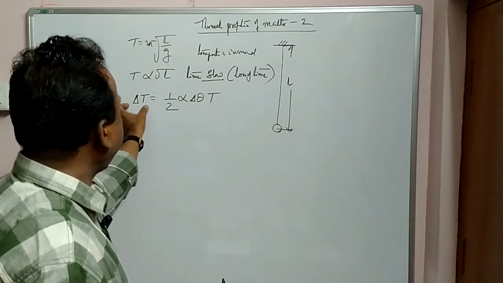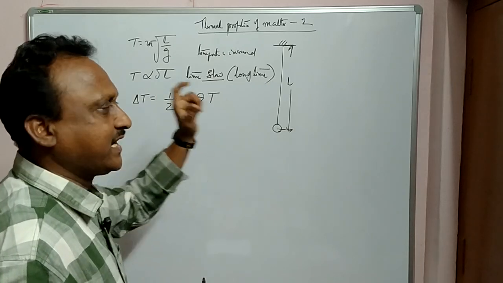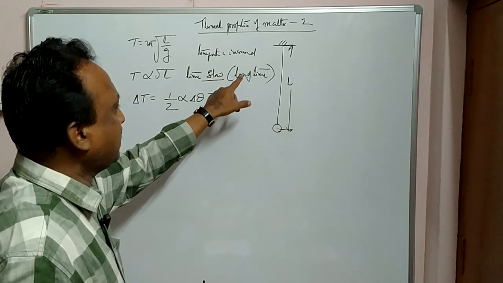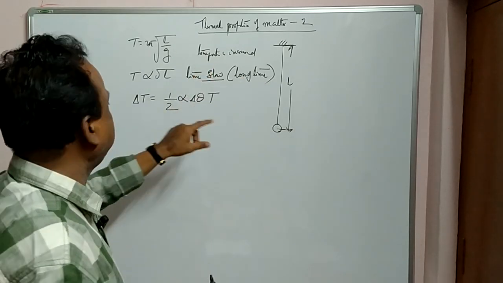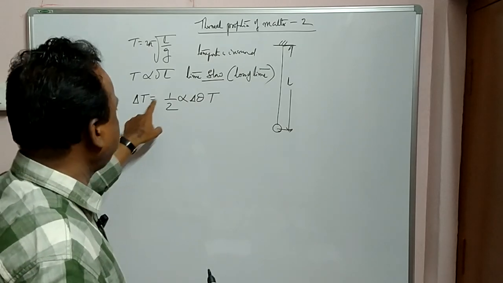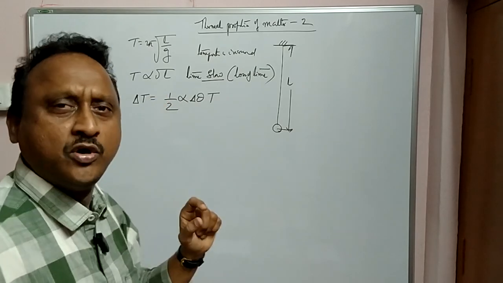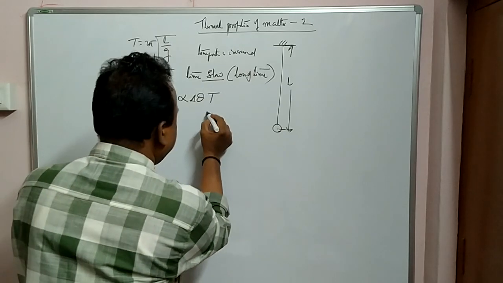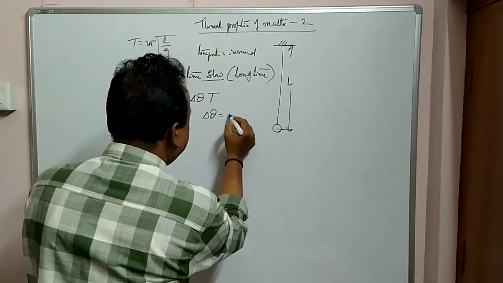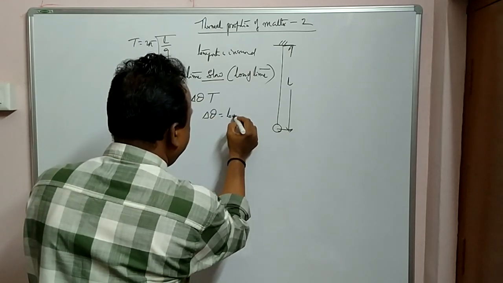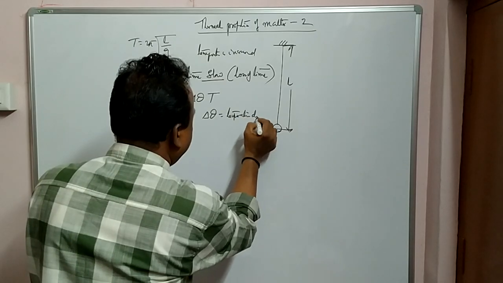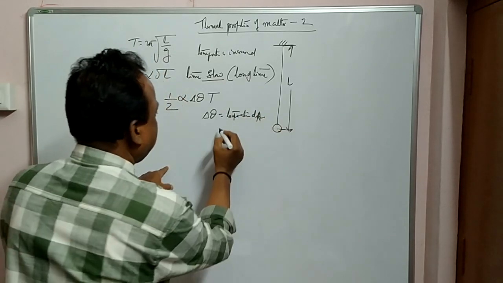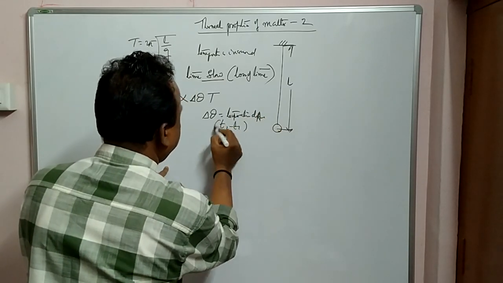Delta T is the change in time, that is increase or decrease, loss of time or gain of time. Delta T, change in time, is equal to 1 by 2 into alpha, the coefficient of linear expansion. Delta theta is the temperature difference, T2 minus T1.